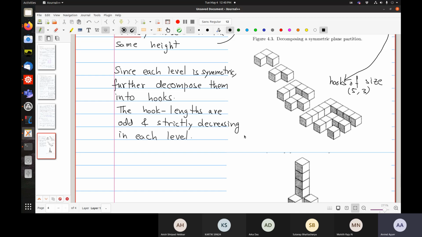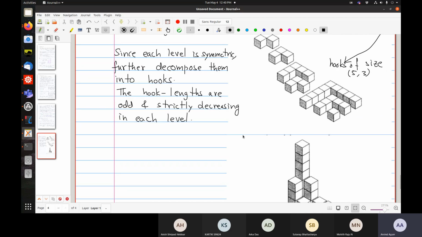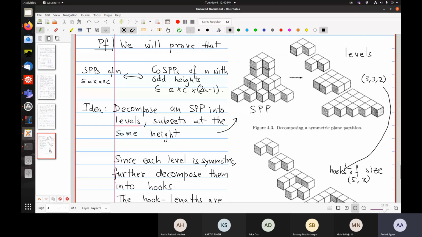So now let's summarize. Each hook contains at most how many boxes? This is A in this direction, C upstairs.